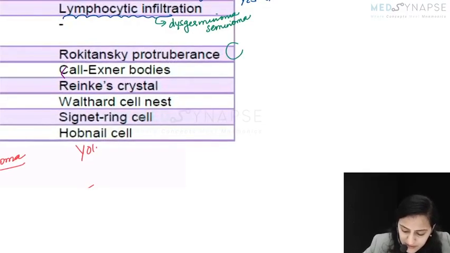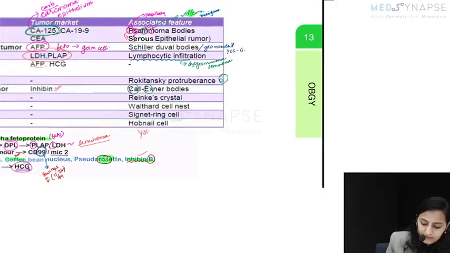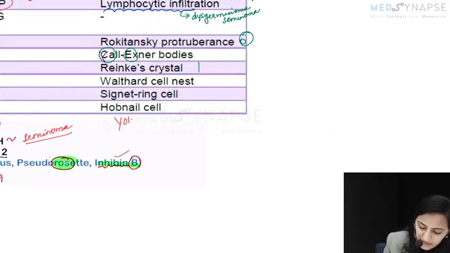Brachydactyly protuberance, dermoid teratoma, Paul Exner, granny, granulosa. Reinke's crystal. Remember, Reinke's crystal appears like this as a cylinder, like this L. L जैसे होता है. So it is L, Leydig cell.